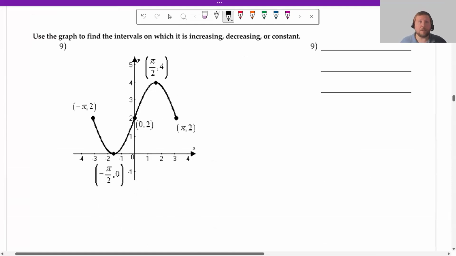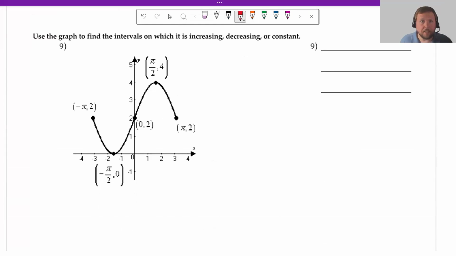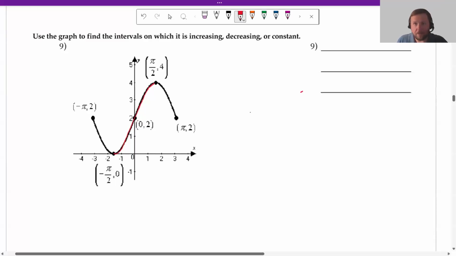Okay. Use the graph to find the intervals on which it's increasing, decreasing, or constant. Okay, I had a bit of an interruption.